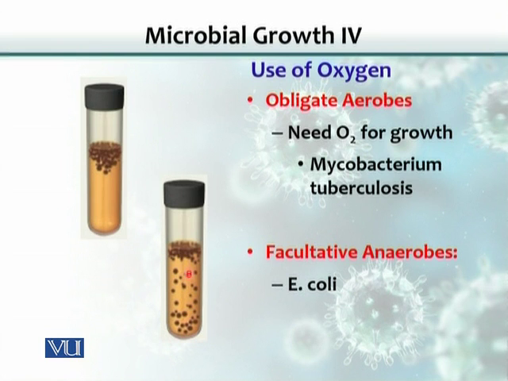So whether oxygen is available or not does not matter to it. But because it prefers growing in the presence of oxygen, it has more growth here than anywhere else. Still, there is growth evenly distributed. E. coli is one of the examples of a facultative anaerobe.